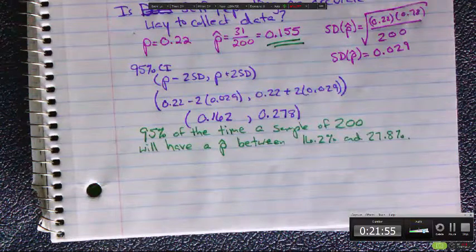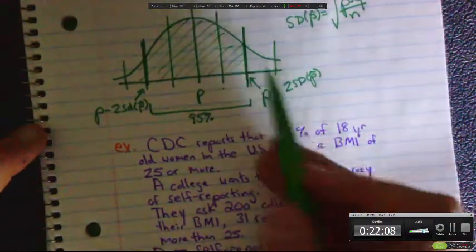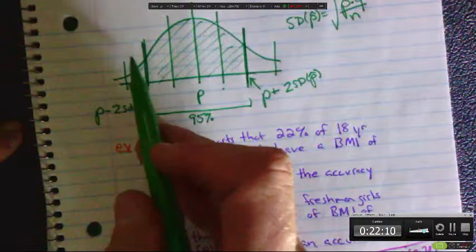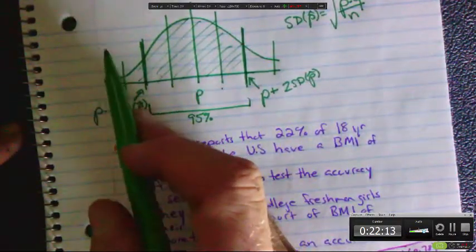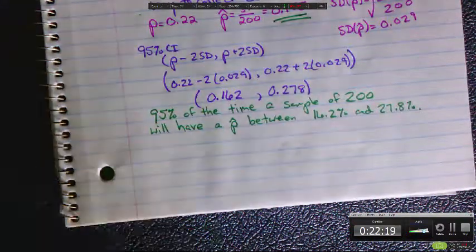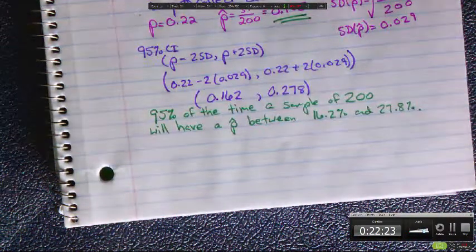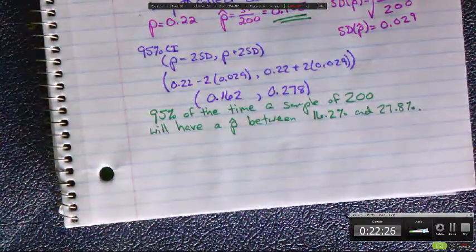No. So that means that the chance of that happening is less than what? 2.5%. Because it's on the bottom tail, right? This is the 95% confidence interval, so these two tails combined make 5%, making this bottom tail worth 2.5%. So the chance of doing a study completely accurately and falling outside of this interval on one side or the other is only 2.5%. So most likely self-reporting is not an accurate model.